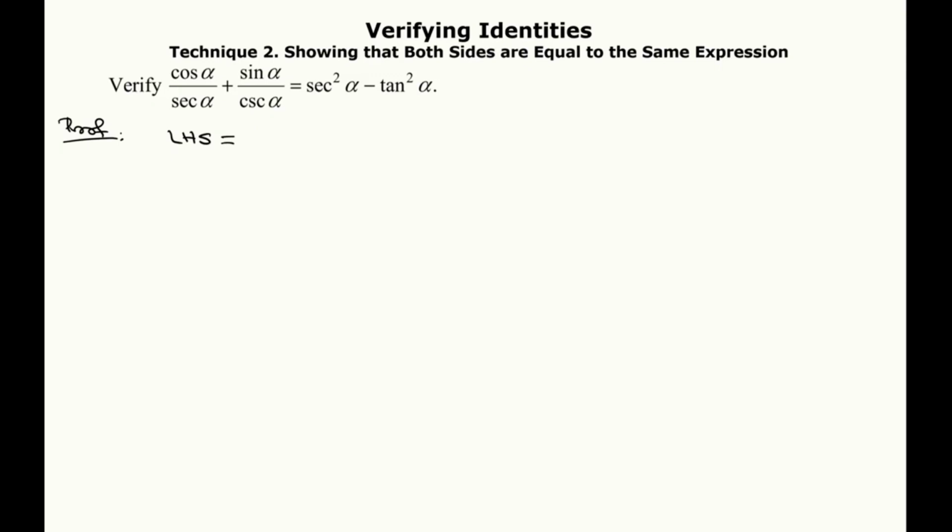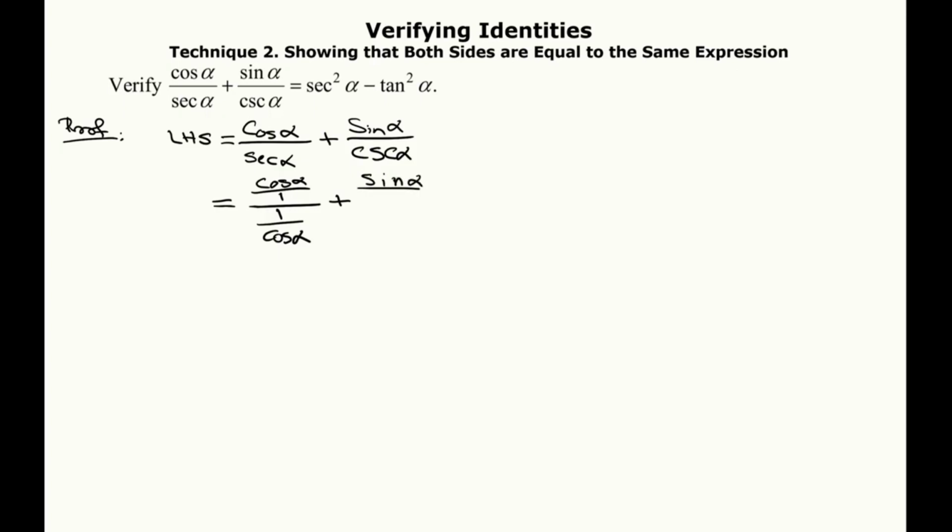We say the left-hand side equals cosine alpha over secant alpha plus sine alpha over cosecant alpha, which we can write as cosine of alpha over 1 over cosine of alpha, because that's what secant is, plus sine of alpha over 1 over sine alpha, which is what cosecant is.